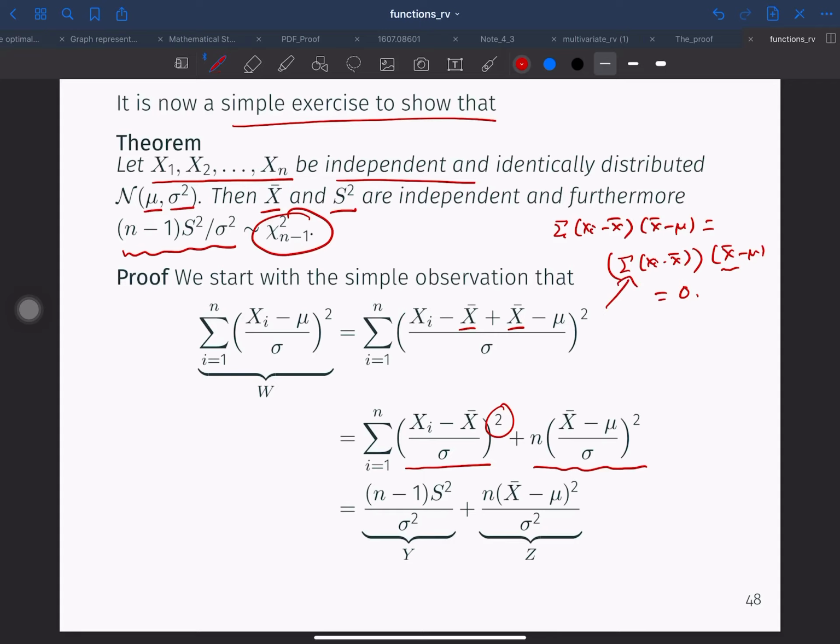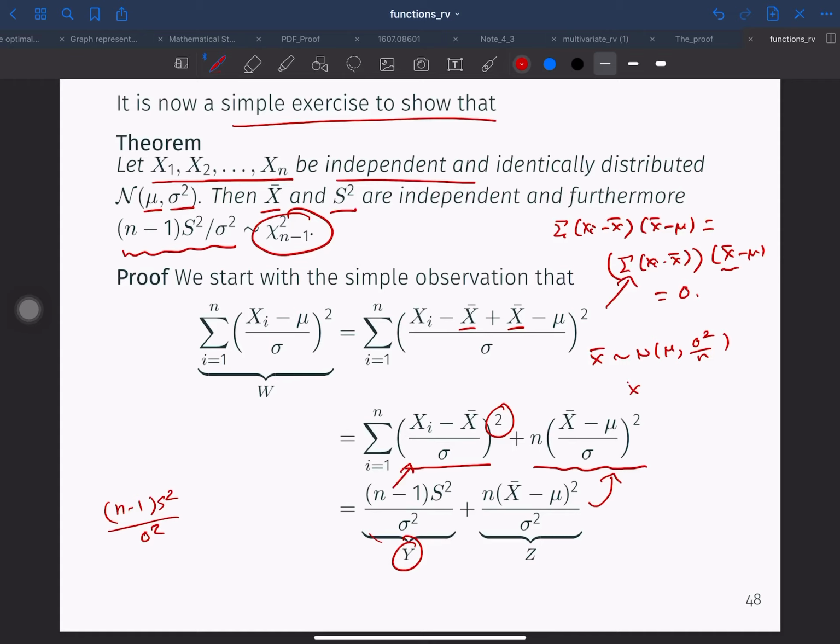Now let us look at this quantity here. This quantity is nothing more than n minus 1 times s squared divided by sigma squared. So that's this first term. Let's call that y, and this second term, let's call it z. So what do we know? We know that x bar is normal with mean mu and variance sigma squared over n.